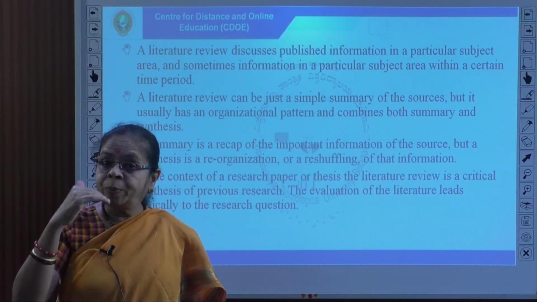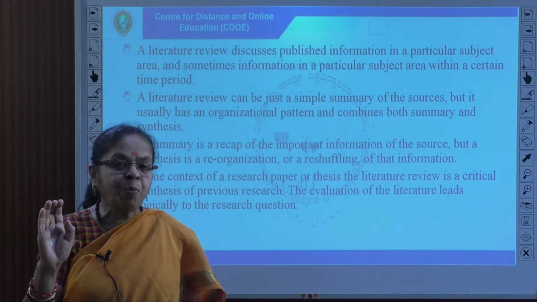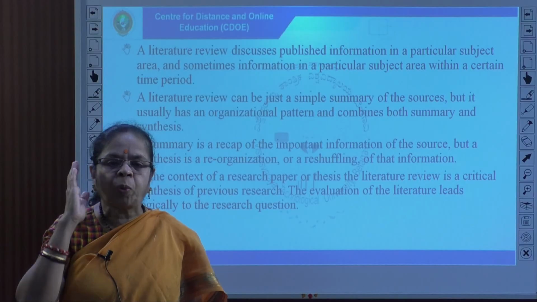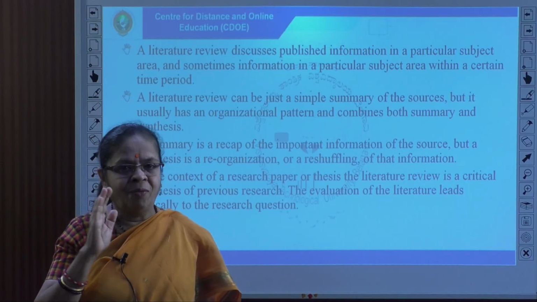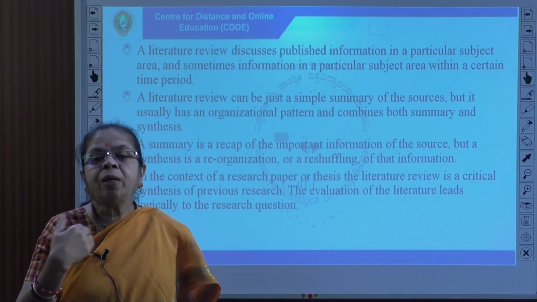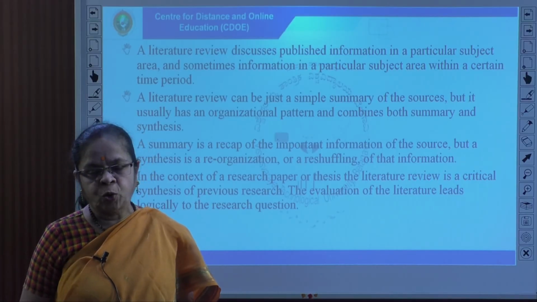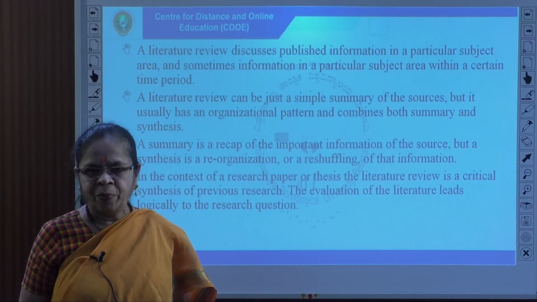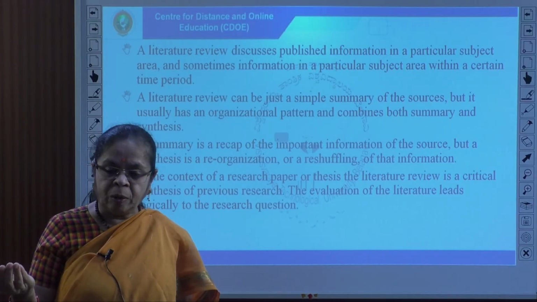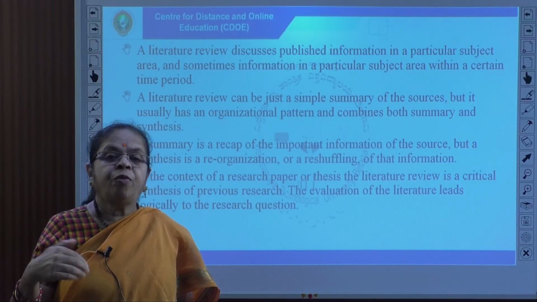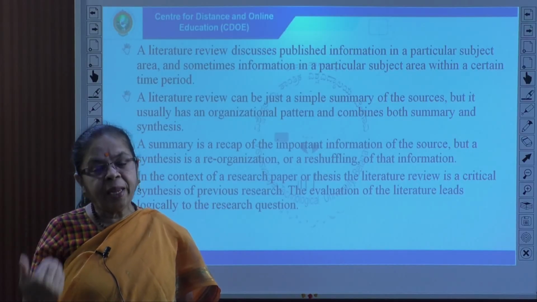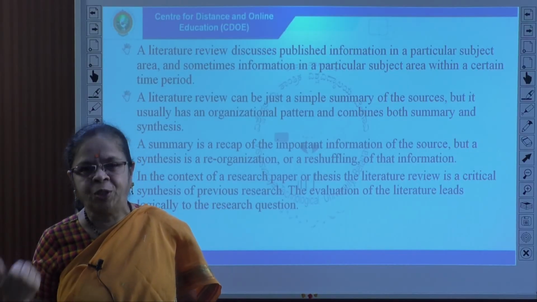Because your objectives also will not be very clearly defined, because remember, before you do the literature review, your exact research problem may not be defined. So, after giving a brief introduction, you write the literature review. So, all the papers you have reviewed, and then you will talk about the gaps in the literature, and from the gap what is the motivation you got, and then from the motivation you define your objectives.